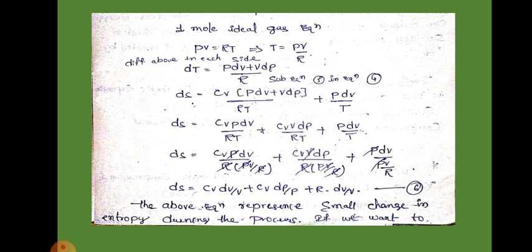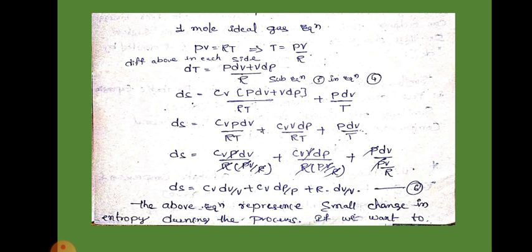Therefore ds is equal to Cv (p dv plus v dp) by RT plus p dv by T. So ds is equal to Cv p dv by RT plus Cv v dp by RT plus p dv by T. Therefore ds is equal to Cv p dv by R into pv by R plus Cv v dp divided by R of pv by R plus p dv by pv by R.